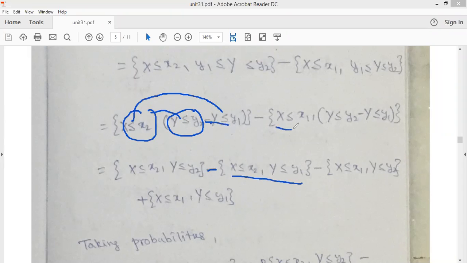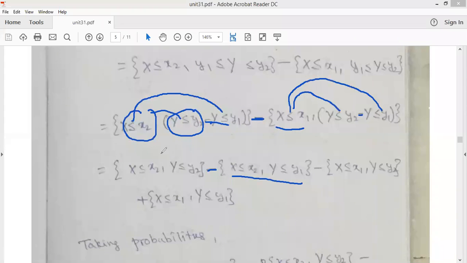Similarly, this also will be combined like this: x less than or equal to x1, y less than or equal to y2. Here we already have a minus, no? Minus and minus, so it becomes plus: plus x less than or equal to x1, y less than or equal to y1. Like that we are getting four parts here.